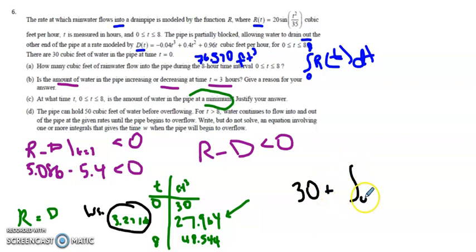Then you're going to integrate from 0 to some time, we'll call it x, and then your integral is going to be the rate in minus rate out, and you're going to overflow when you get to 50, so you need to know when that total sum of the initial value plus the integral of rate in minus rate out is equal to 50. And this will be your answer to D.